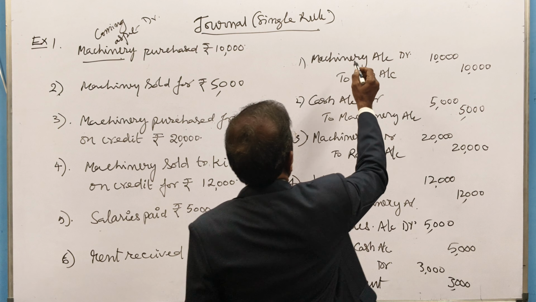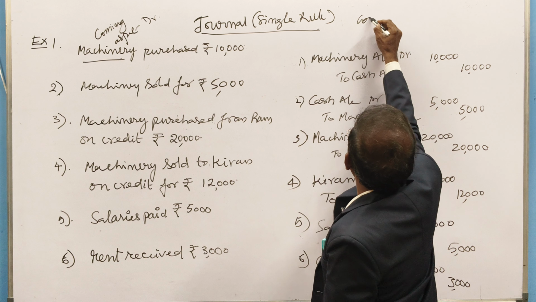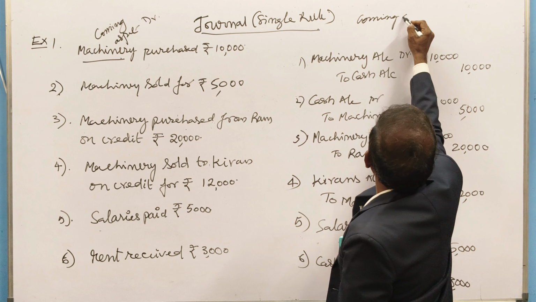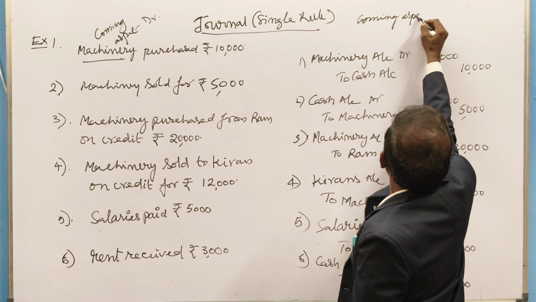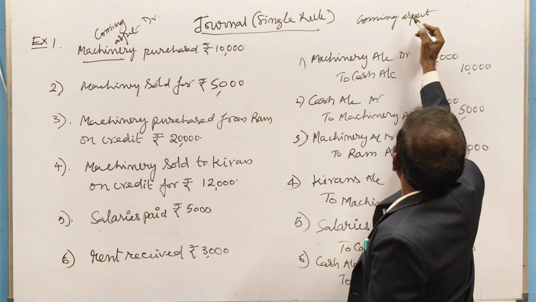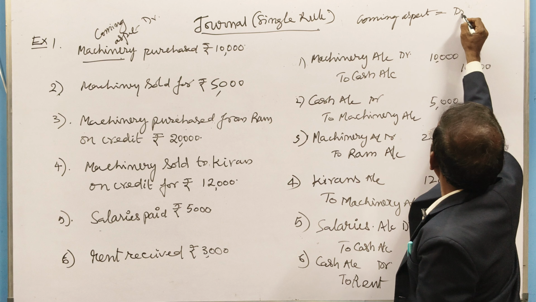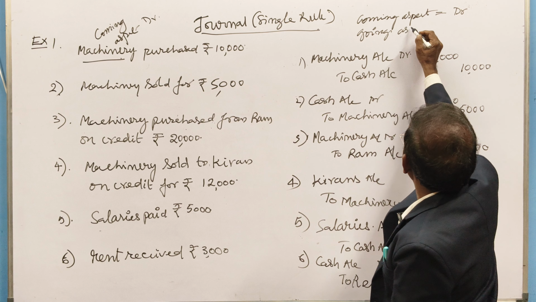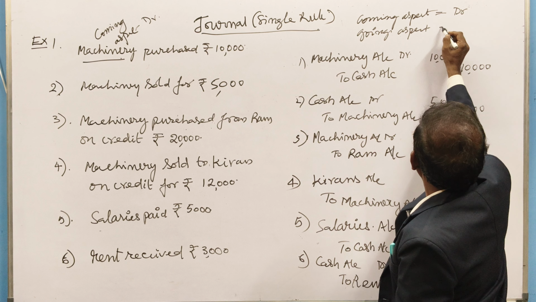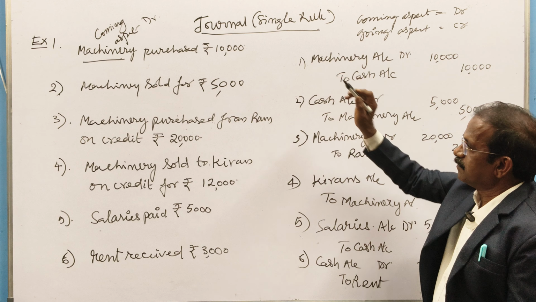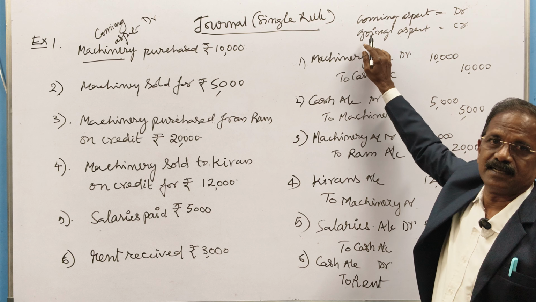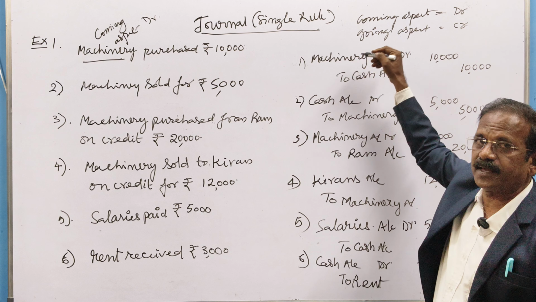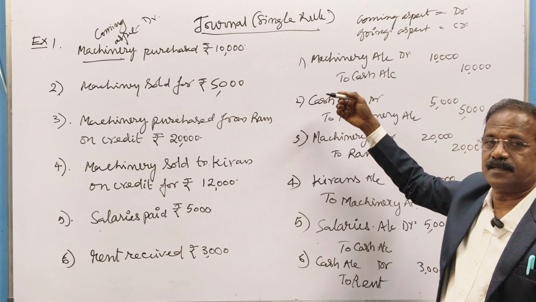So in this way, I just used only one rule. What is the coming aspect? Coming aspect, that is debit, and going aspect, that is credit. In some transactions, we have both coming aspect and giving aspect.